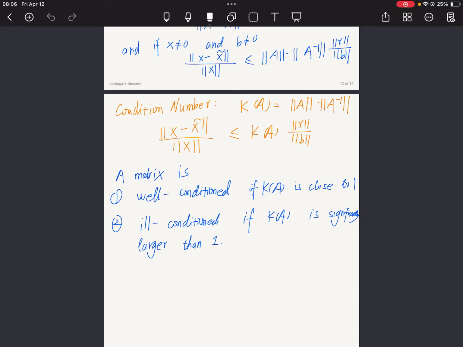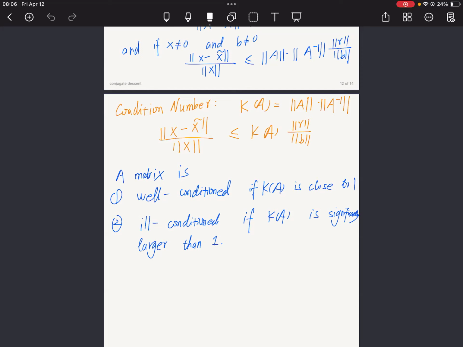And don't forget that the condition number is calculated by this expression: the norm of A times the norm of A inverse. The meaning of the condition number is how well we can use the residue to estimate the error we have.